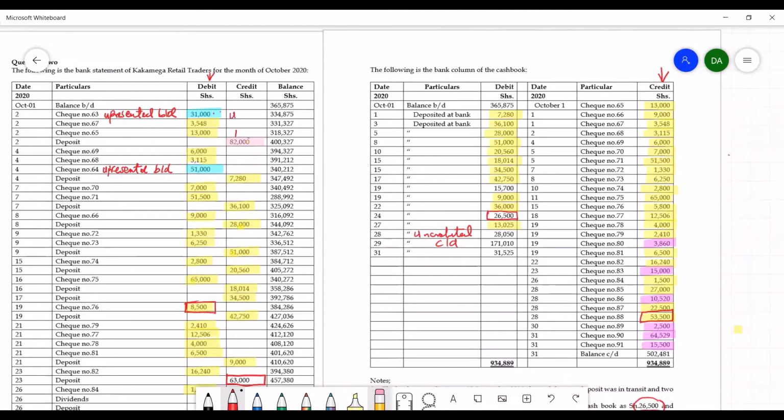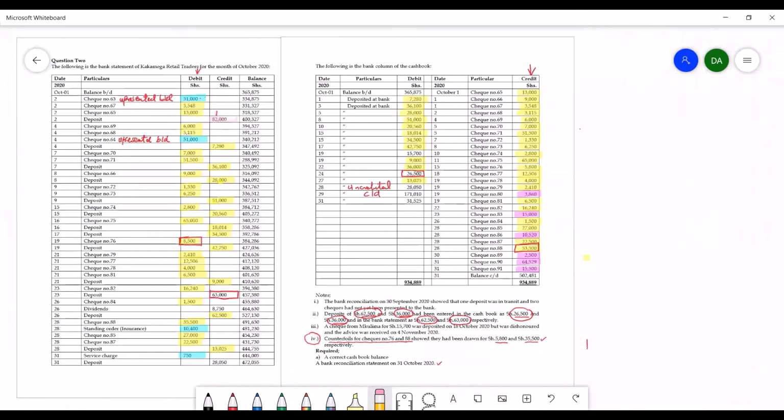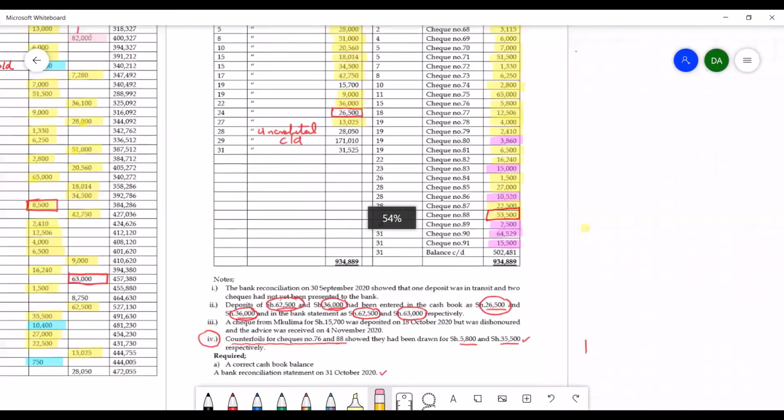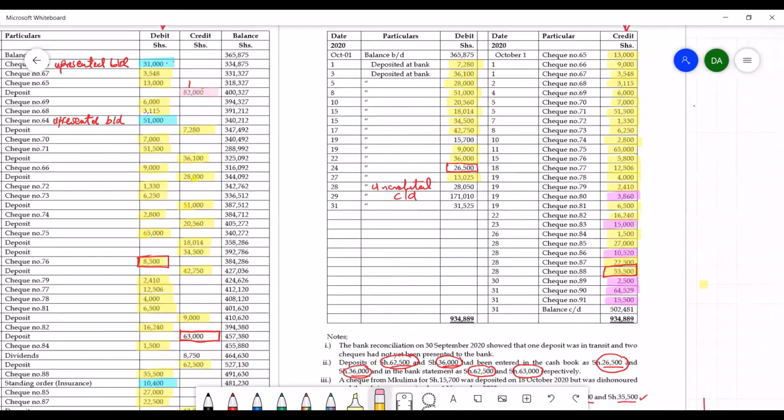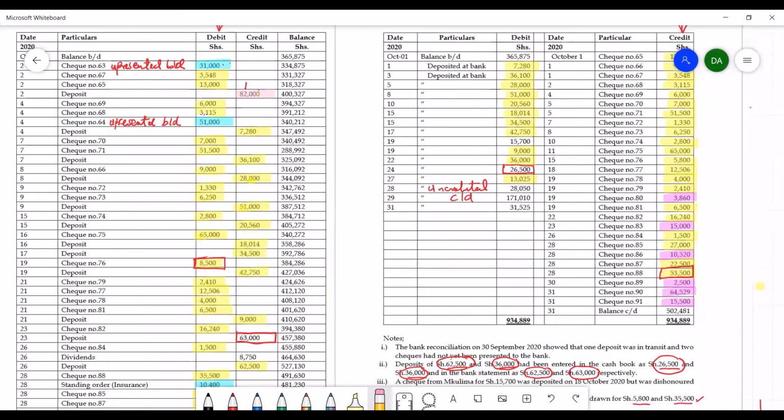This is uncredited deposit brought down.